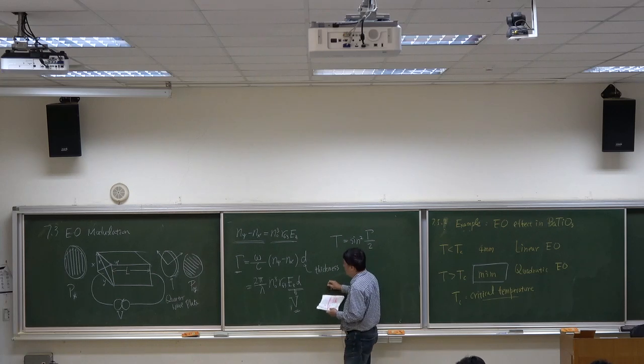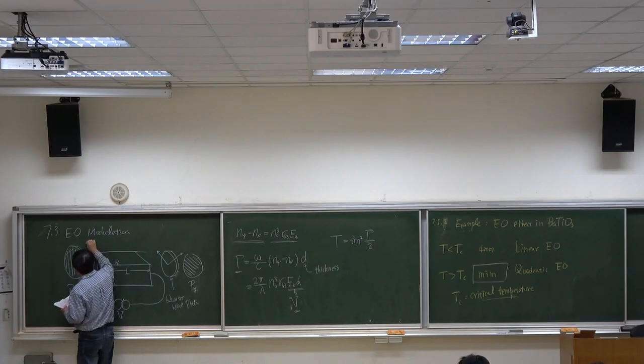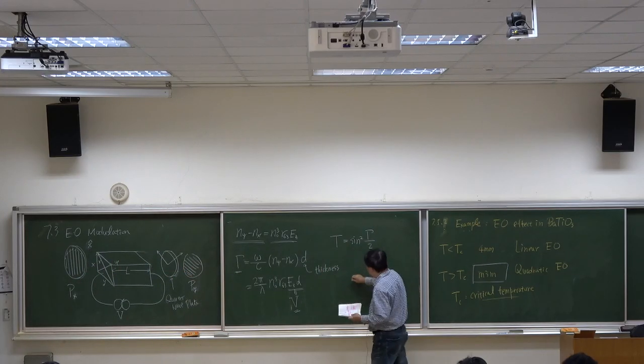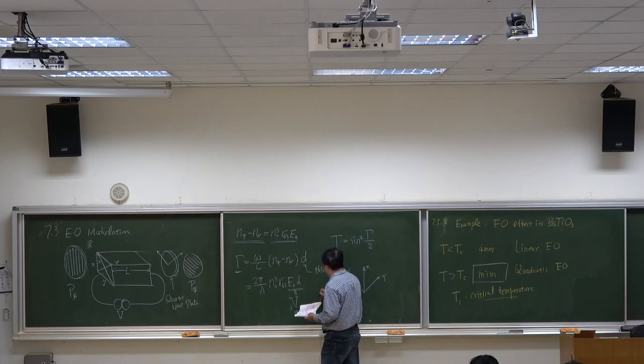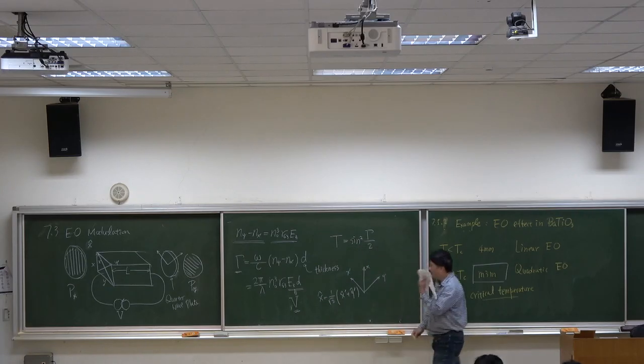So originally, after passing through this polarizer, we get an x polarized light. Okay. And since now we have this is y prime, this is x prime, and this is x. So now x can be written as this. Okay.